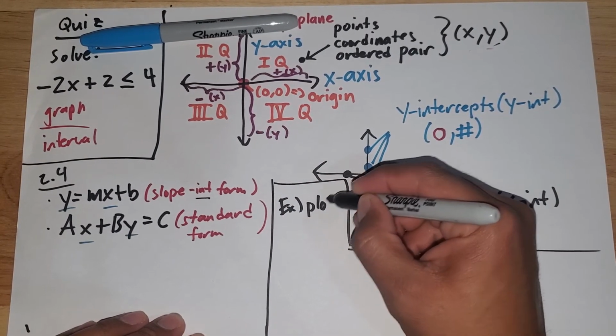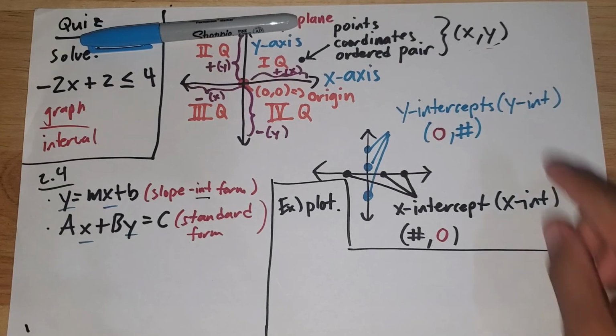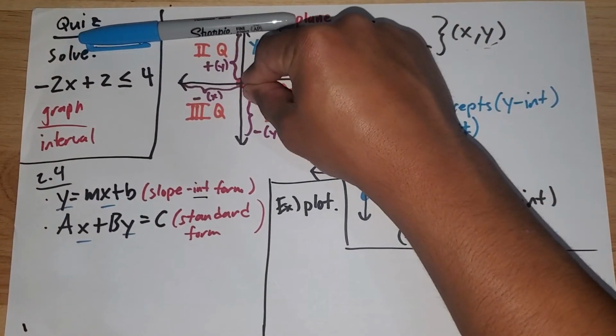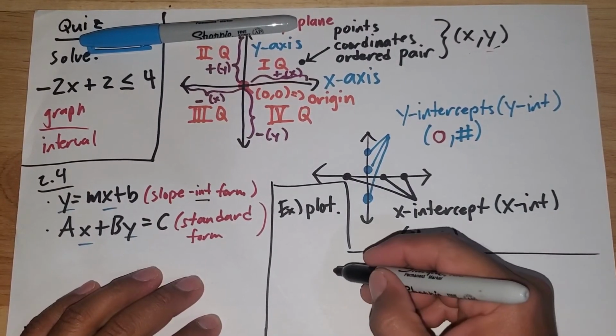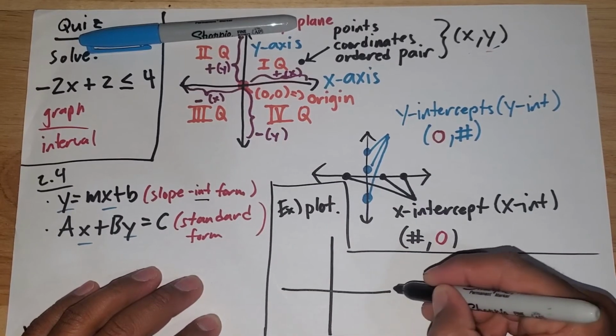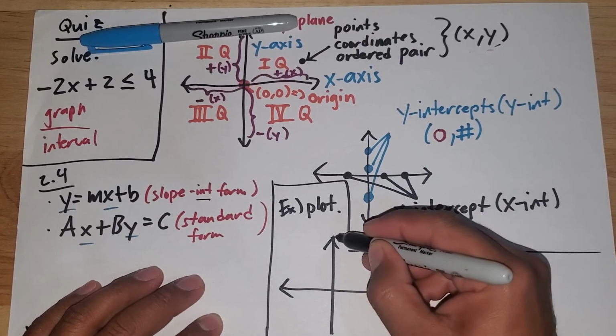I'm going to plot the following points. If you don't remember, plotting is taking an ordered pair or a point or a coordinate and actually putting it on your XY plane. So let me make an XY plane here.